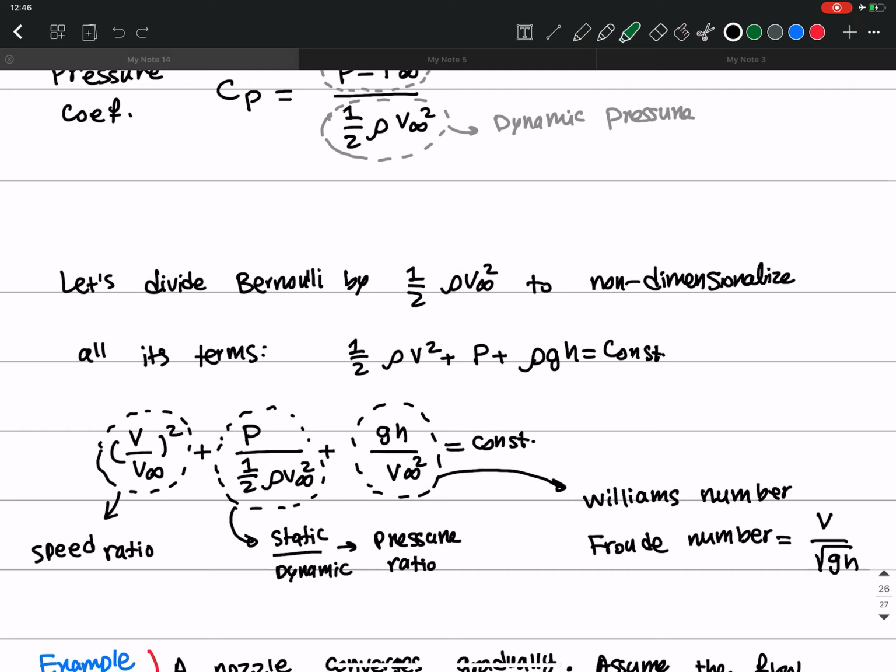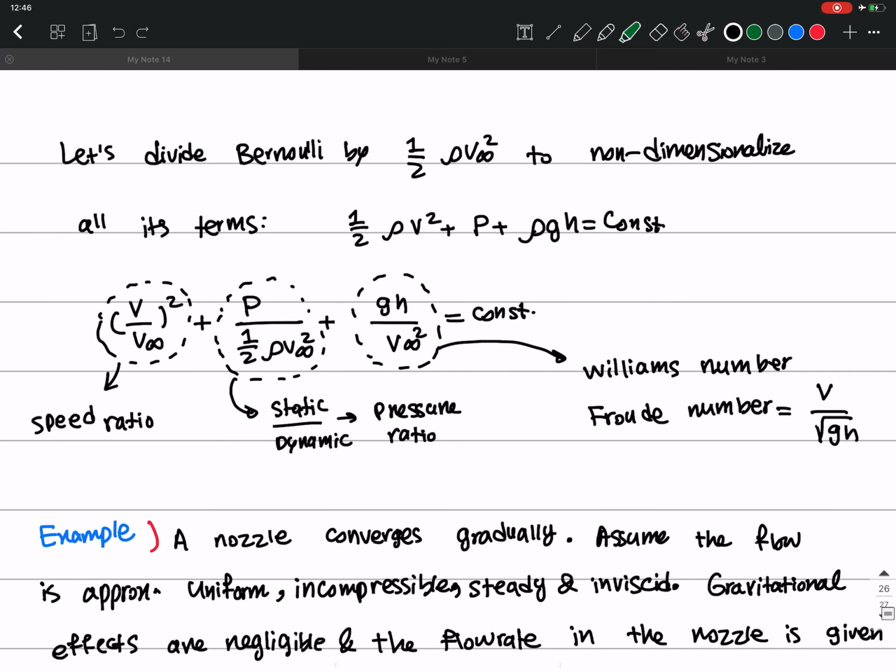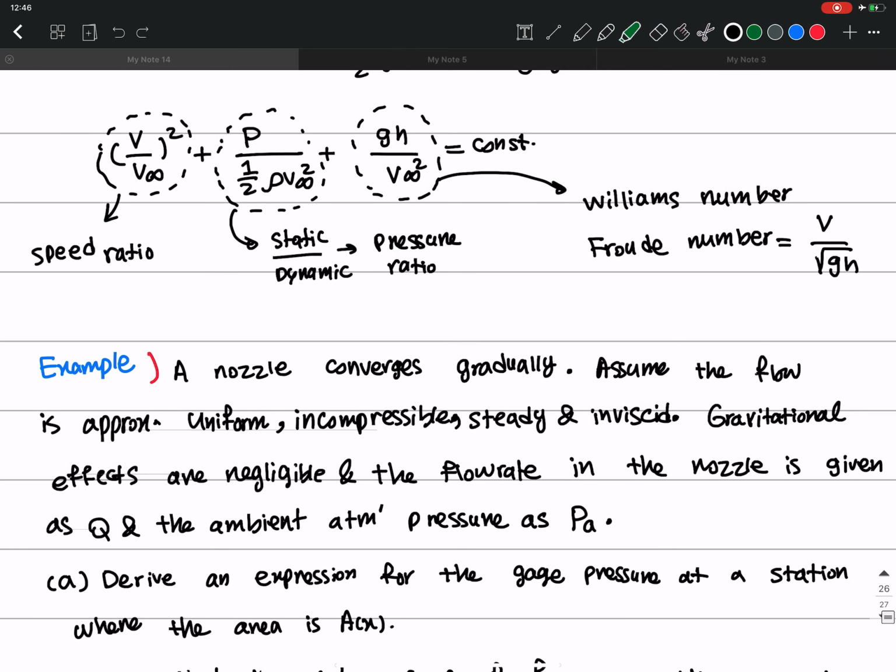The first one was the speed ratio, the second one was the pressure ratio between the static and dynamic, and the last one was the Froude number, or to be accurate, it's 1 over the Froude number squared.